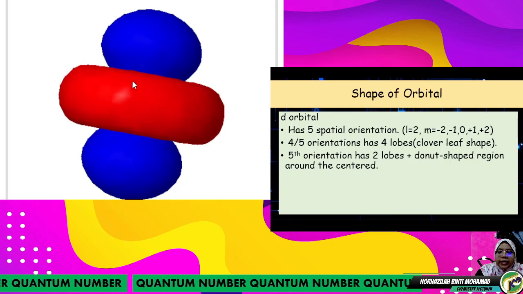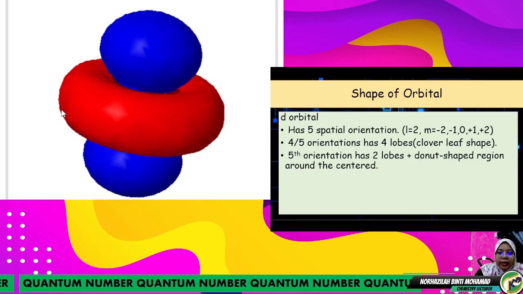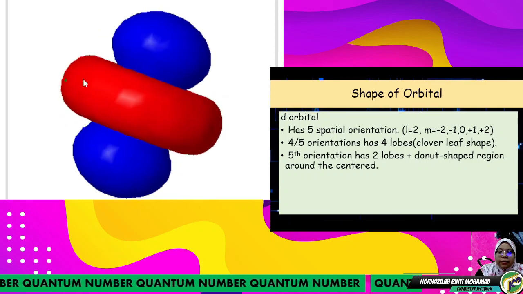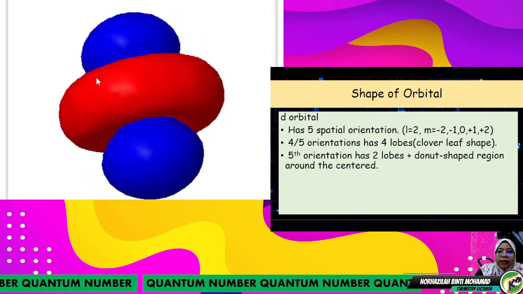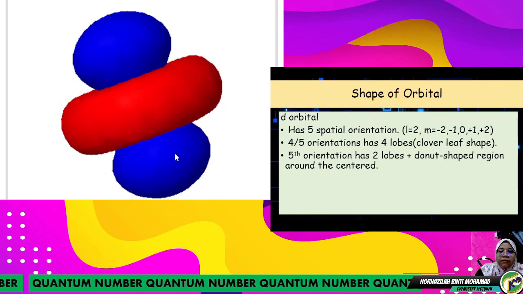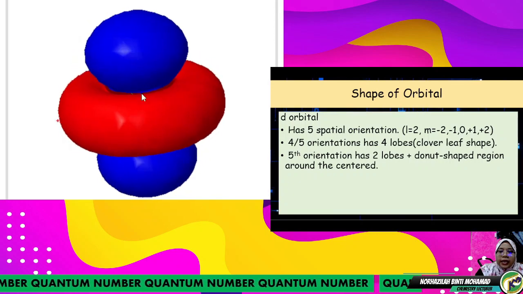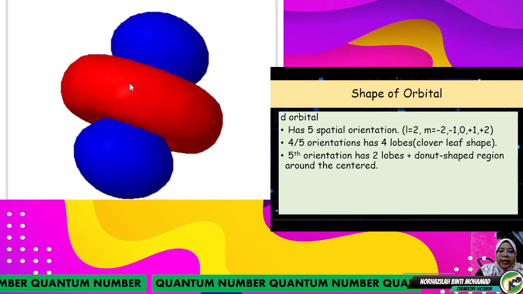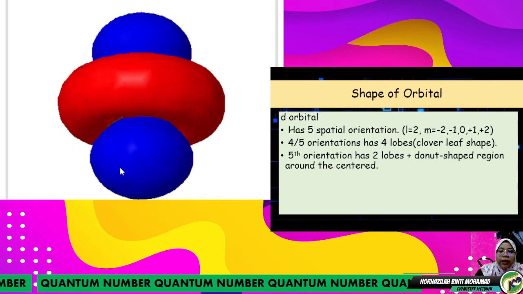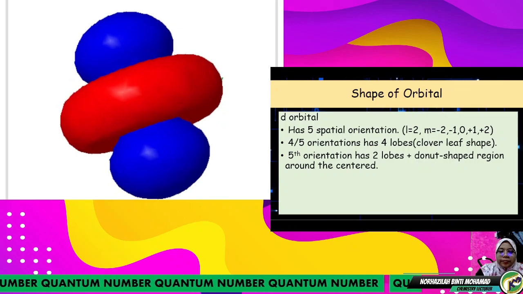If you can see, there is a donut shaped region, the red one, circling around the center, and then we have two loops that lie along the z axis. This is the dz squared orbital.